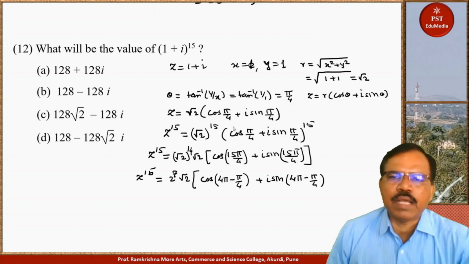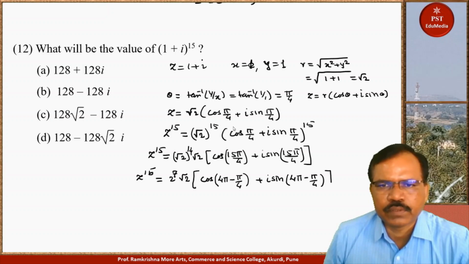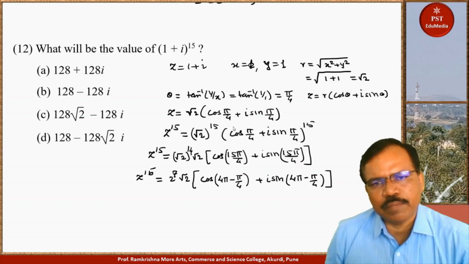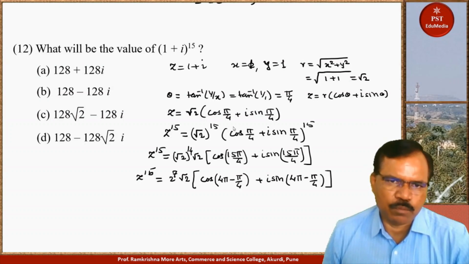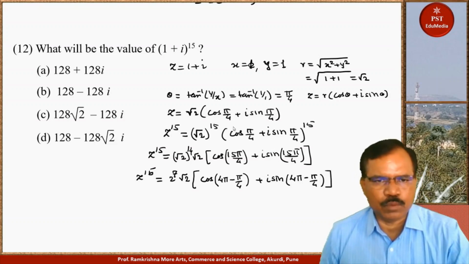So 15 pi by 4 we can write as 4 pi minus pi by 4. 4 into 4, that is 16 pi, minus pi by 4, that is 15 pi by 4.